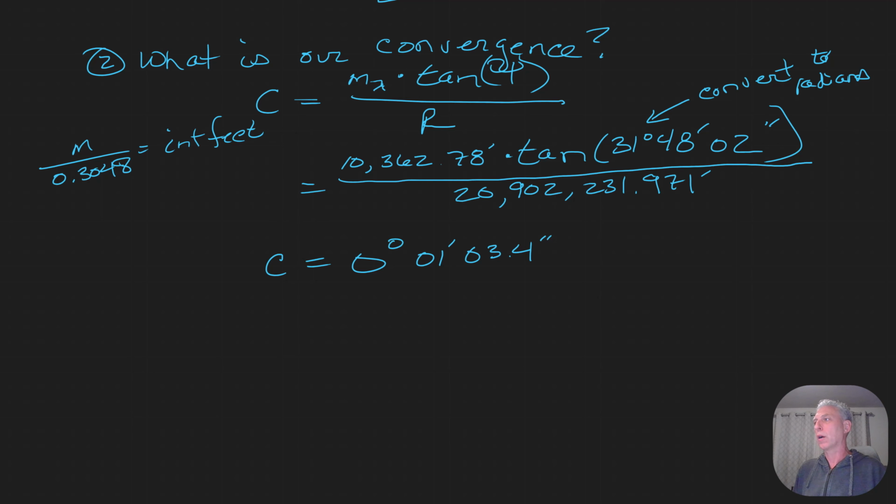Now I get to remove that from my total angular error. So the actual error equals my measured error, M error, minus our convergence.